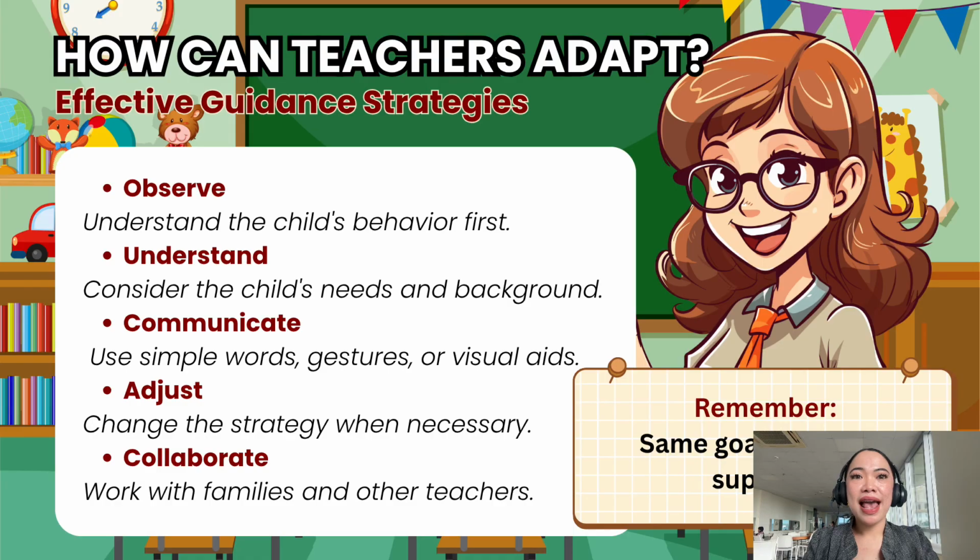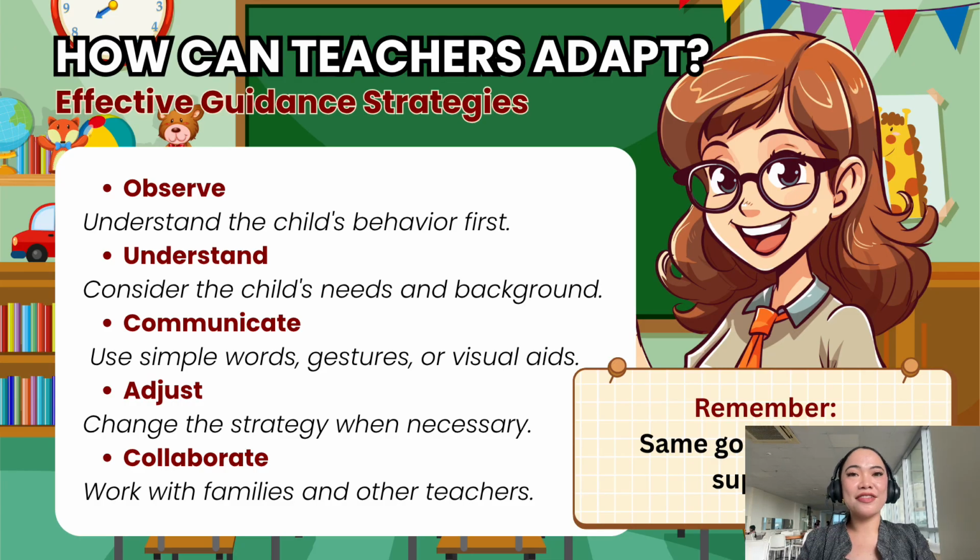Teachers must serve as role models by demonstrating respect and empathy in their daily interaction. They are facilitators who provide appropriate support rather than expecting every child to learn in exactly the same way. Finally, teachers must also reflect on their own beliefs and possible biases. Being culturally sensitive requires continuous learning and self-reflection.